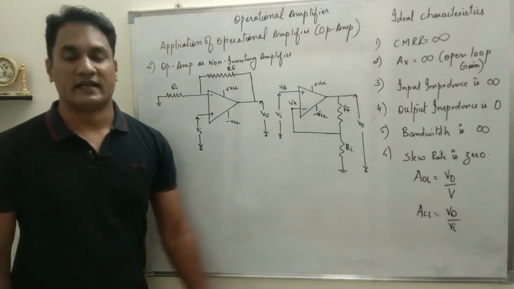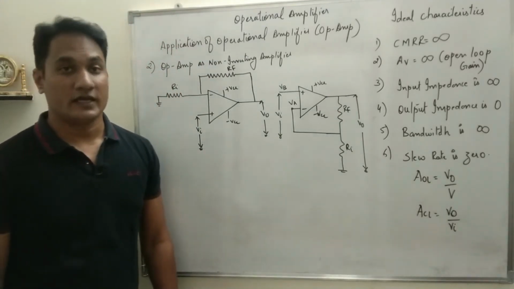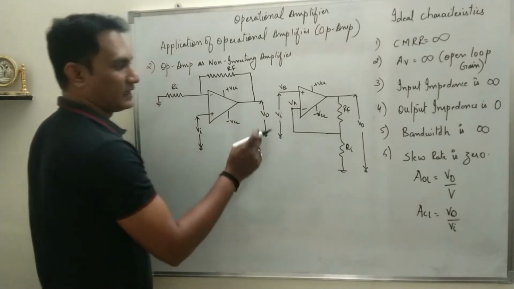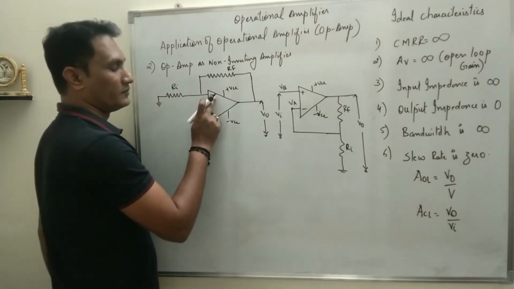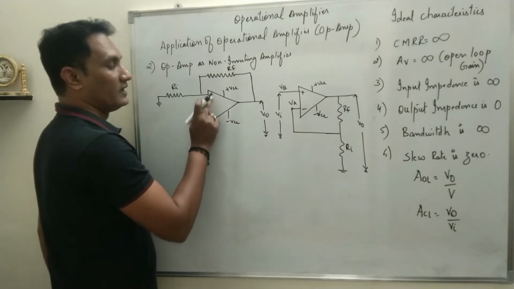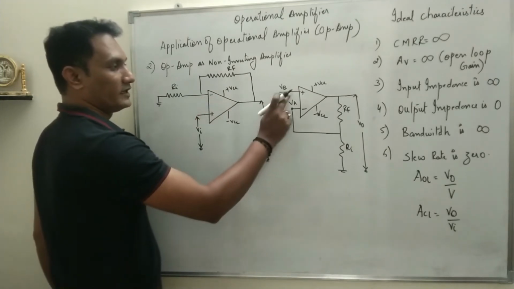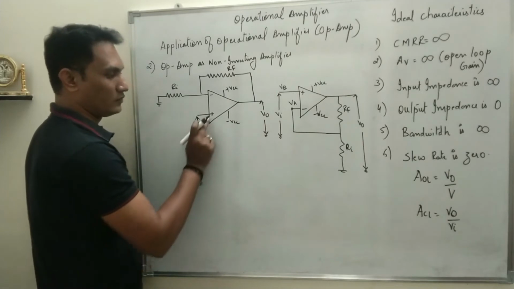Both these circuit diagrams are the same. Just look at this. I've just inverted the position of the inverting and non-inverting terminals. Now we have given input with respect to ground. So that is what I've done.